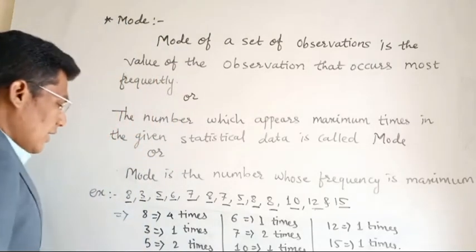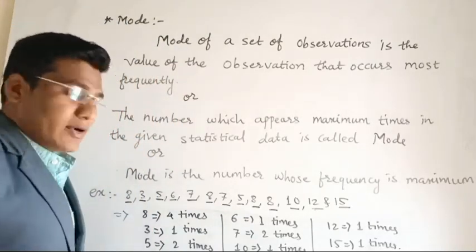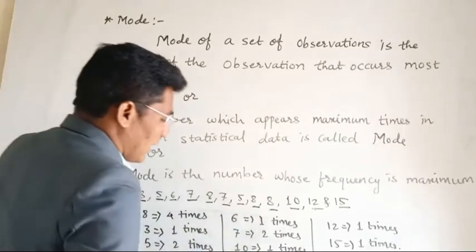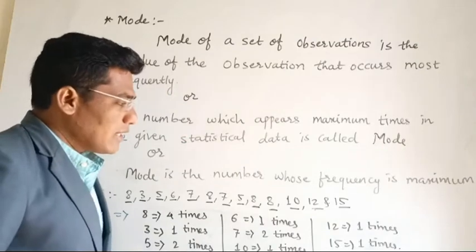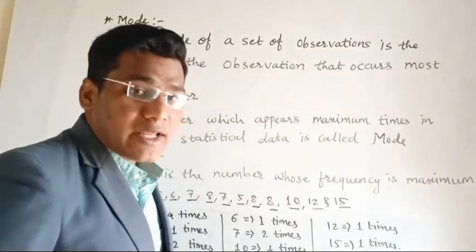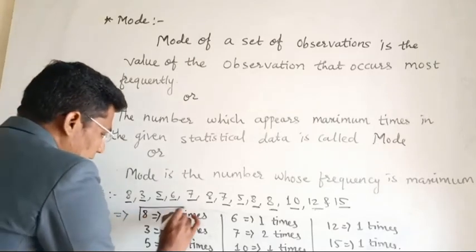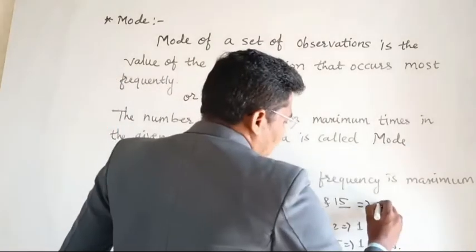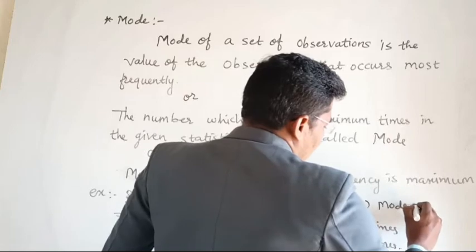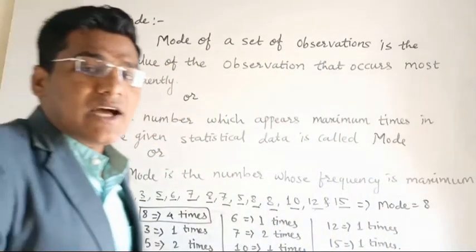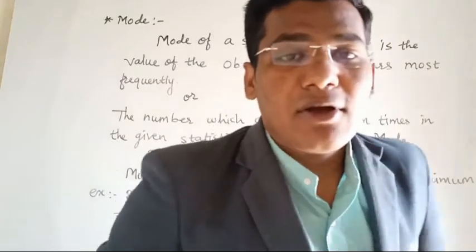So here 8 is repeated 4 times, 3 is repeated 1 time, 5 2 times, 6 1 time, 7 2 times, 10 1 time, 12 1 time, and 15 1 time. So the most repeated number is 8. That's why 8 will be the mode of the given observations. And this is how we can find out the mode of given observations.